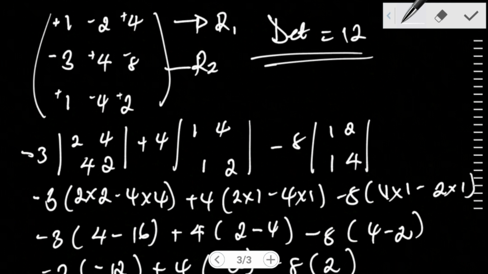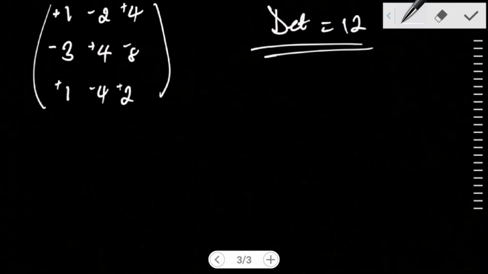So now let's try to find the determinant of this matrix using columns. Now let me use the first column. So I'll have a positive 1. I'll have then the determinant, so I'm having 1, so this I'll have 4, 8, 4, 2.